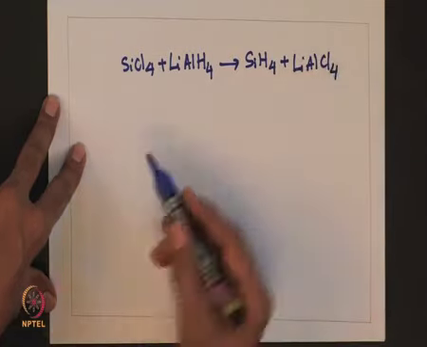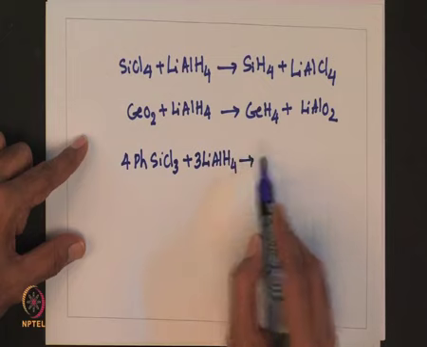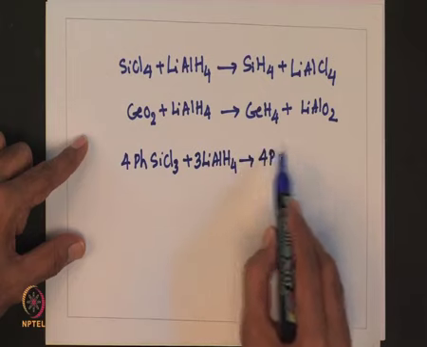One can also make mixed hydrides containing some organic moieties. For example, when trichlorophenylsilane is treated with lithium aluminum hydride, it gives phenylsilane.